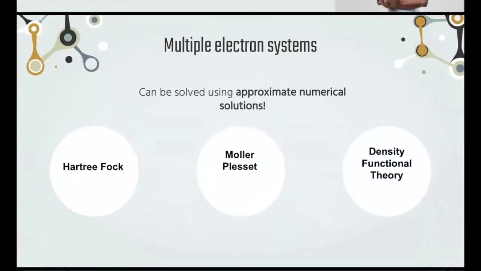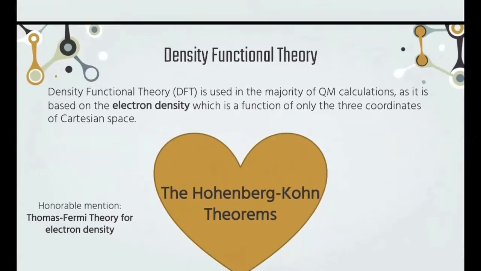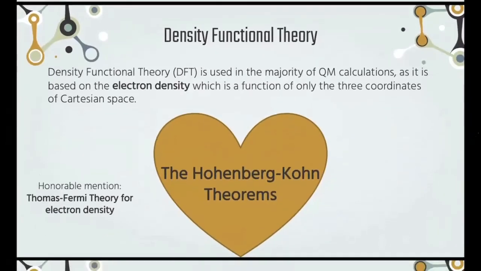So here I'm going over it again. Multiple-electron systems can be solved through approximations to these numerical solutions, which again are the Hartree-Fock, Moeller-Plesset, and density functional theory. Here I go a little bit more into how the density functional theory is used. It is used in the majority of quantum mechanics calculations because it is really effective in what it does.